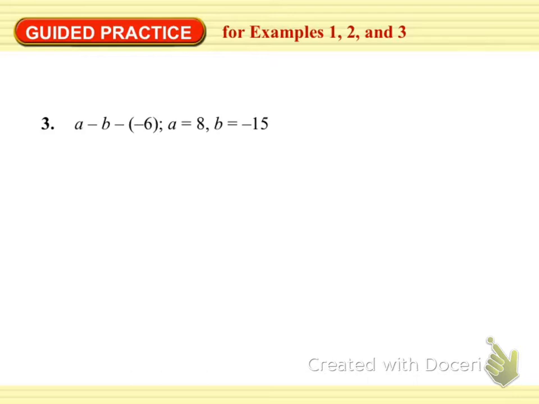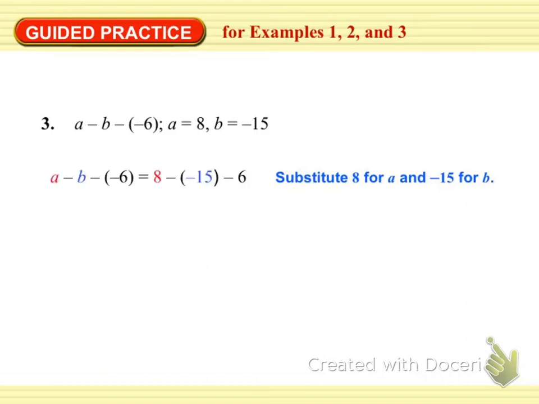Let's use substitution for a minus b minus a negative 6 if a is 8 and b is negative 15. We'll substitute 8 for a and negative 15 for b. Then change all. I see an error. Does anyone see an error? All right, there we go. We fixed the error.